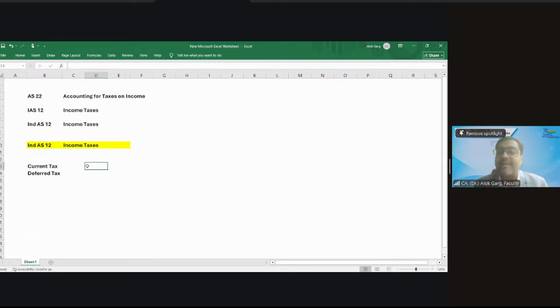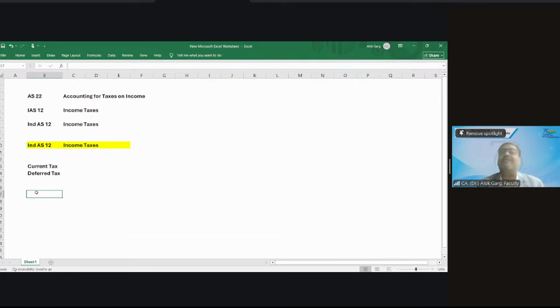And what is current tax? The tax which is payable on the taxable income, right? The tax which is calculated on the taxable income is your current tax, correct? So friends, these are the two aspects we are going to cover in this standard. And Ind AS 12 or accounting standard 22, what was the objective of this standard?